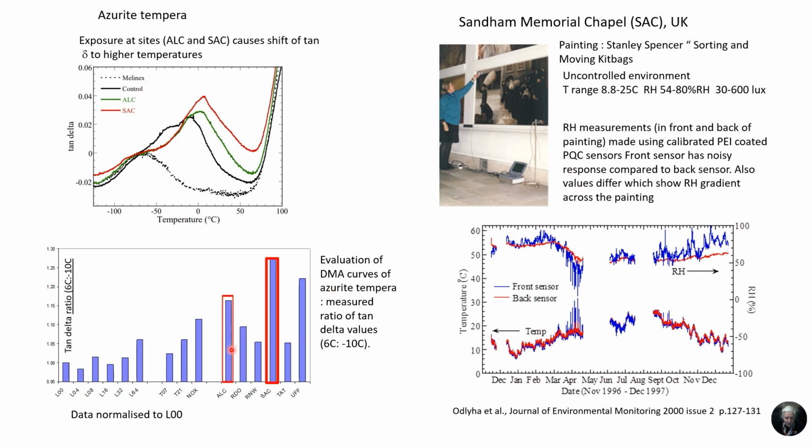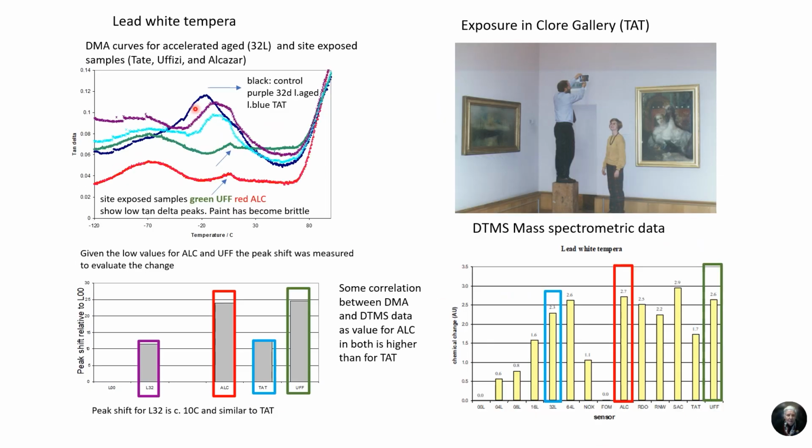And then the effect on the dosimeters. With lead white tempera, we had problems because very few samples gave a measurable signal. And so we did get some information from the control, light aging, and then this light blue one is exposed at the Tate.